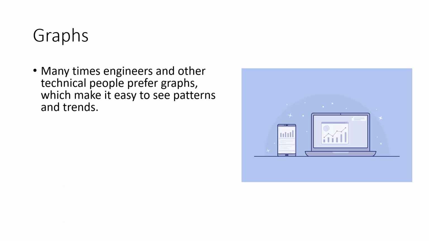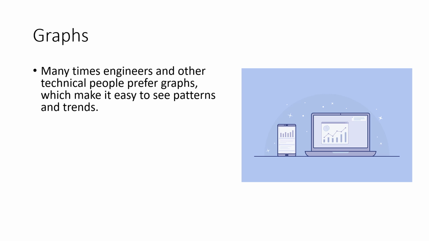So a graph. A lot of times numbers people like engineers or accountants want to throw a graph in there because it's easier to see patterns and trends if it's graphic as opposed to just a table of numbers. If they put it in a pictorial form, a person can say, oh yeah, now I see what you're talking about. I can see the pattern forming.